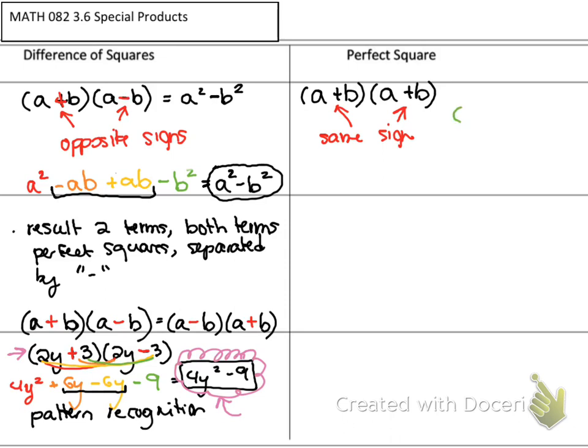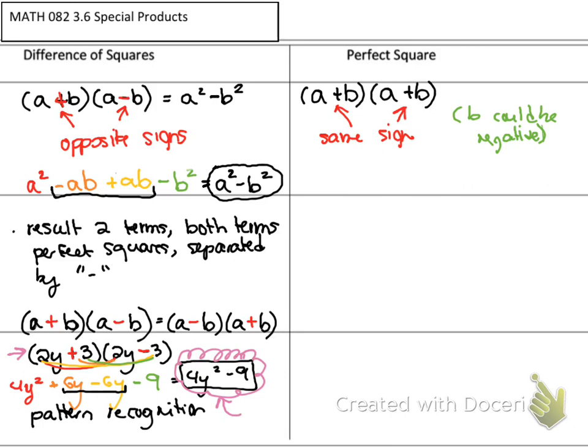Okay, for the sake of convenience, we leave it plus, and remember b could be negative. So if we let b be any real number, positive or negative, then that takes into account the fact that we could be subtracting instead of adding. Okay, but again, the idea is that they're identical. They don't have opposite signs like we did in difference of squares.